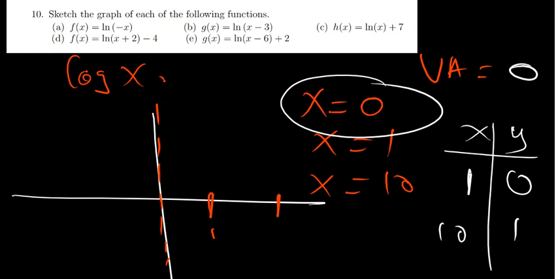So I'll put 1 and 10. In y I've got 1 and 0. So the first point here is 1, 0. In x is 1, y is 0, is this point. Next is 10, 1 is this point. Now running away from the asymptote, going there. That's the meaning. So I have to put an arrow there.